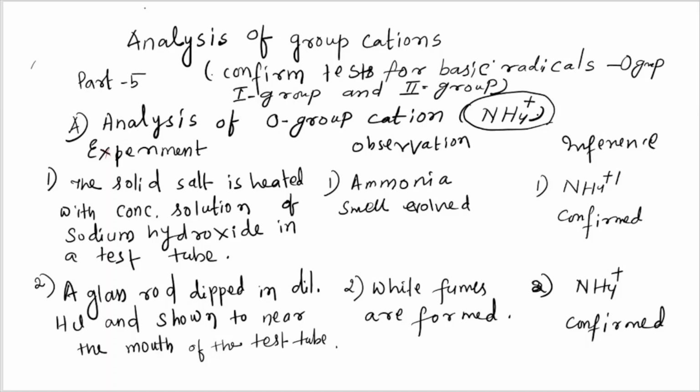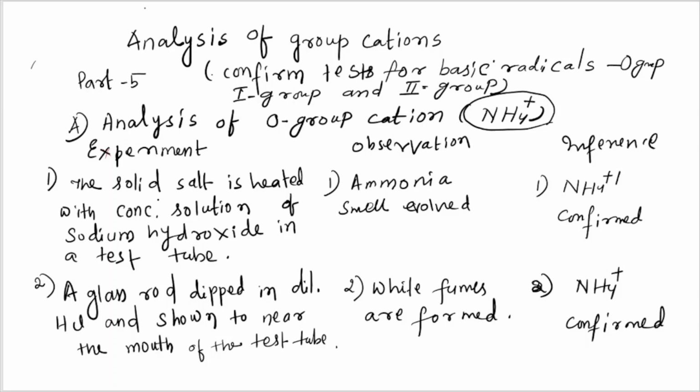Already I told in the basic radical dry test that on heating it gives ammonia smell, and with sodium hydroxide and the salt it also gives ammonia smell. Similarly, and this is a very important test, the solid salt is heated with concentrated solution of sodium hydroxide.